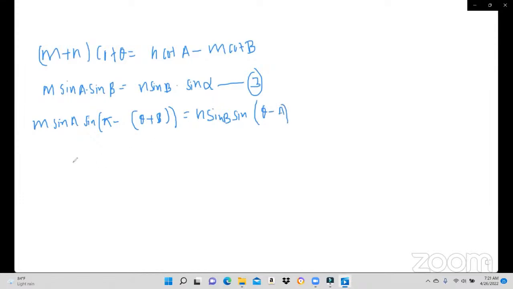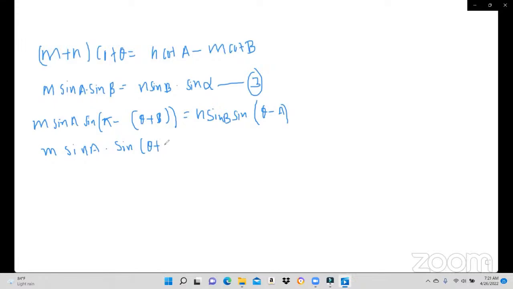Now, in the same way as we have done earlier, we have to use the equations. m sine a, okay. What is this sine pi minus theta plus b?